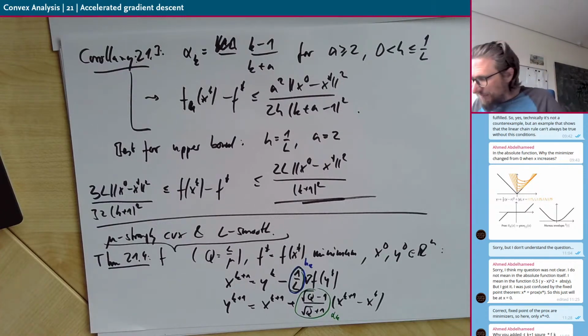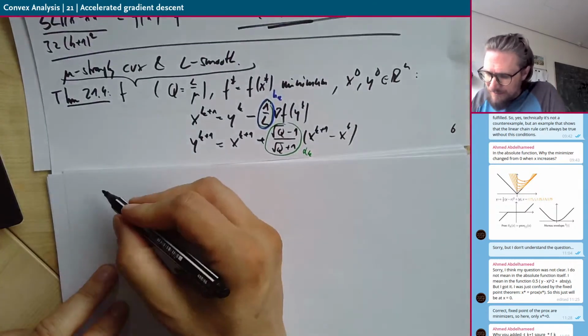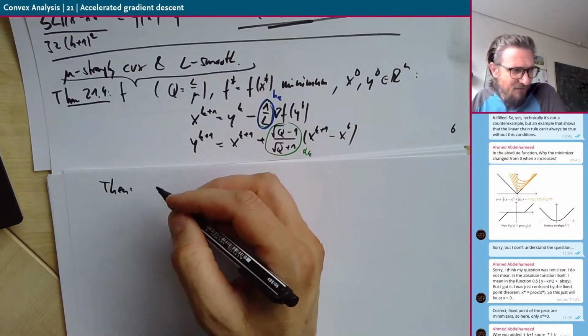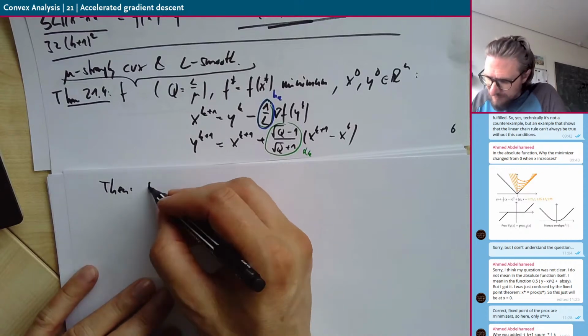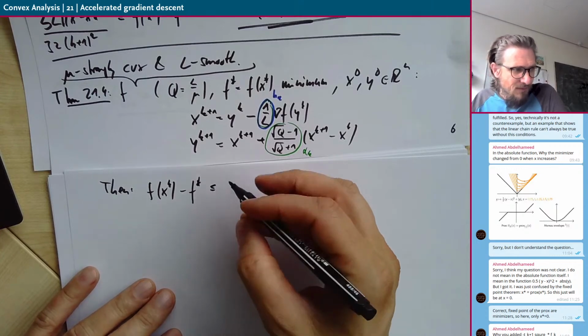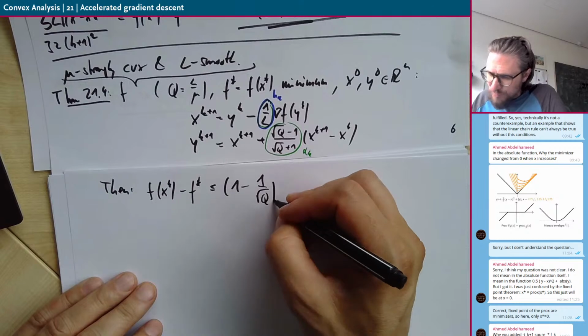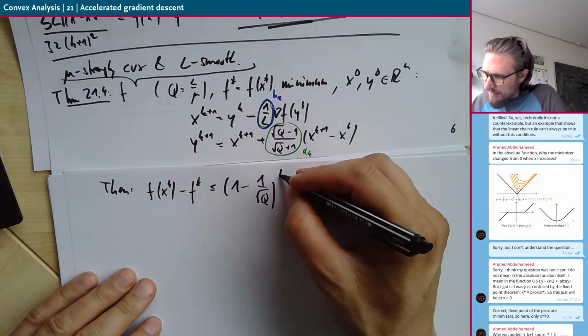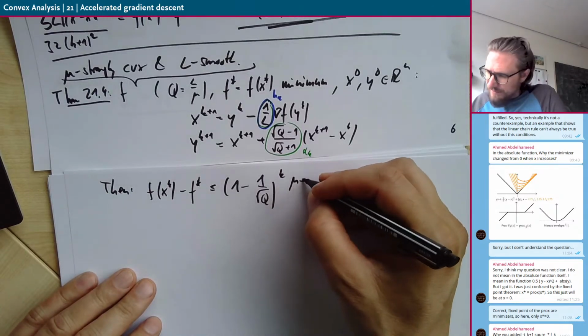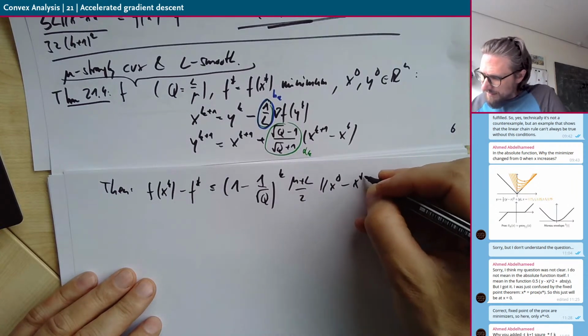So what do we have then? What's the conclusion? The conclusion is that we have first that the difference in value is bounded by (1 minus 1 over square root of q) to the k times (mu plus L over 2) times ||x0 minus x star|| squared.